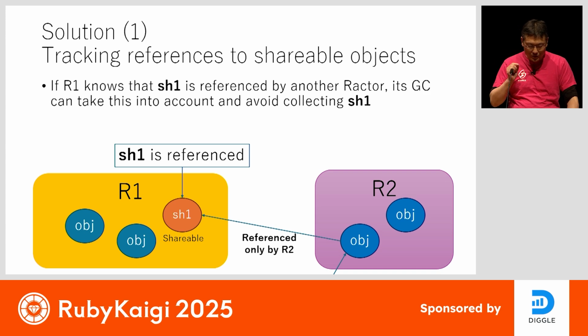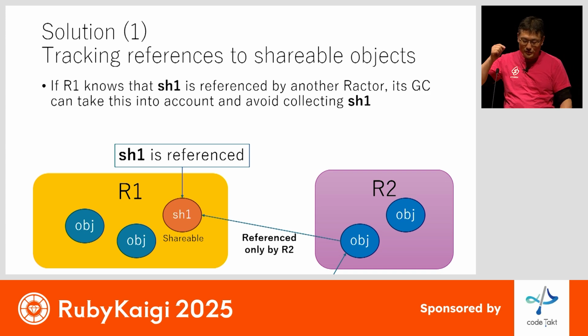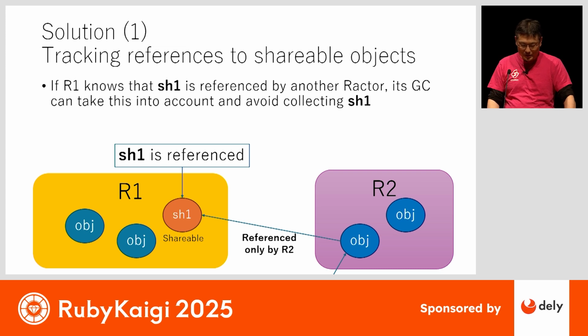If R1 knows SH1 is referenced from other Ractors, then we can take care of this reference, and SH1 can be kept from being freed. So in this example, SH1 is only reachable from R2. The challenge is how to maintain the information that SH1 is referenced from other Ractors.